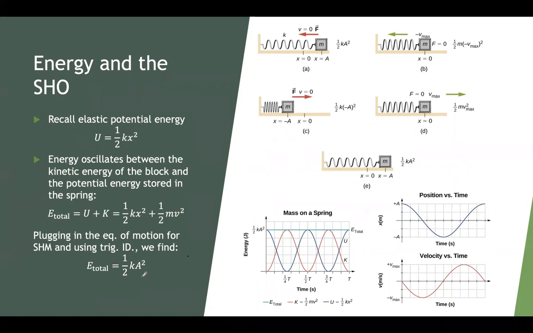Now, looking at our images here, we see this happening. So we see the energy oscillating between kinetic and potential energy. So when we have our spring stretched or elongated to our amplitude, A, our maximum position, we have all of our energy in our potential energy.